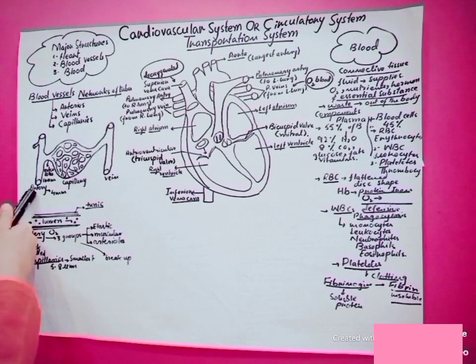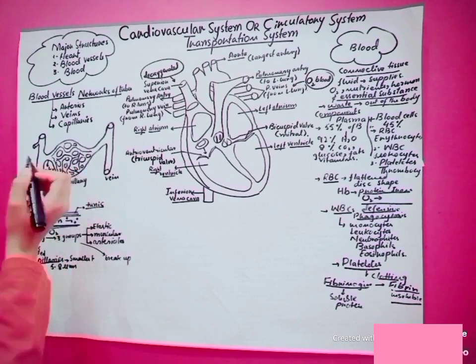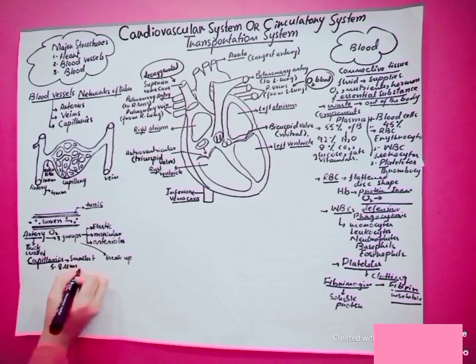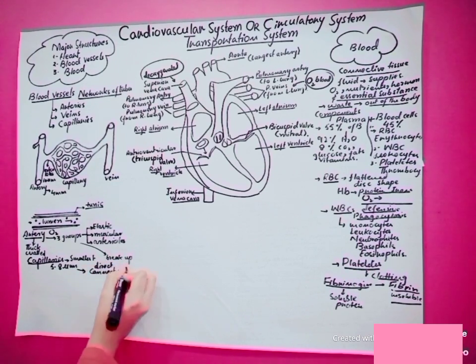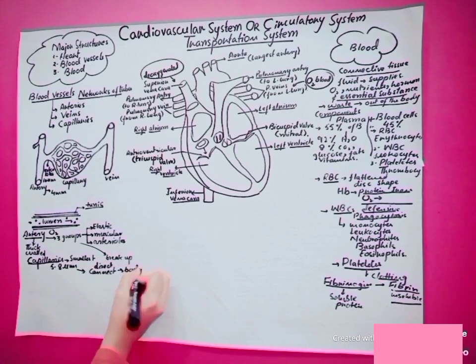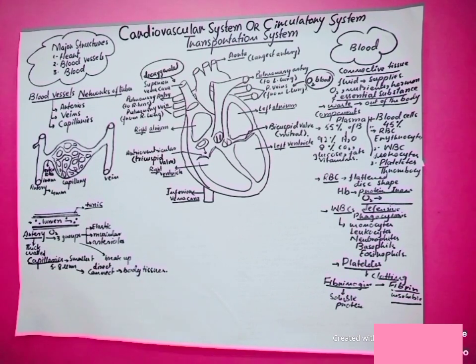As you can see here, the artery is further branched into arterioles, and then these arterioles are linked up to the capillaries. These capillaries have direct connection to the body tissues. They are thin walled.